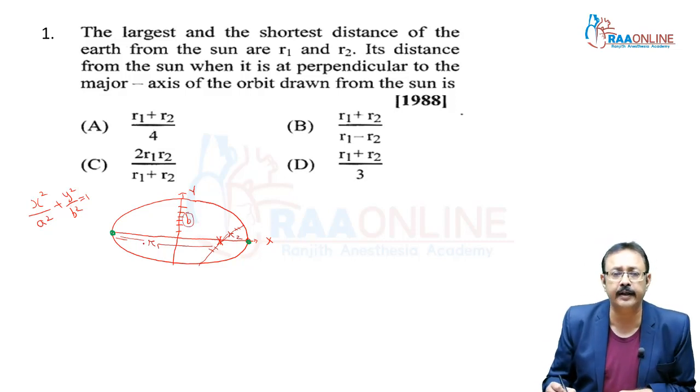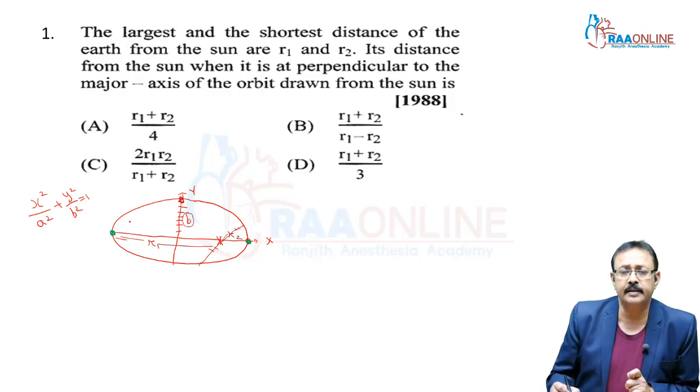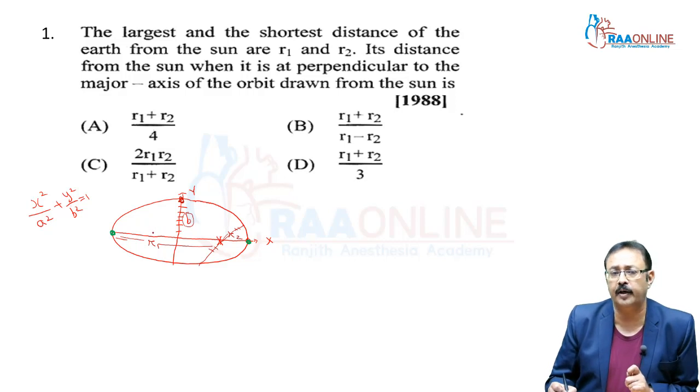And what they are saying, when it is perpendicular to the major axis, means at this point, the largest and the shortest distance of the earth from the sun are R1 and R2.